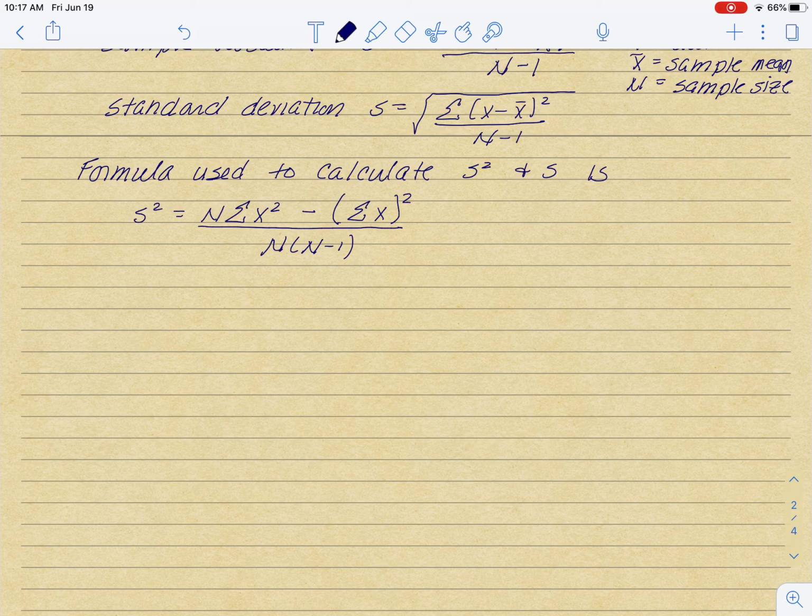Okay. And then, of course, s is just the square root of that same formula. So n times the sum of the x squareds minus the sum of the x's squared over n times n minus 1.